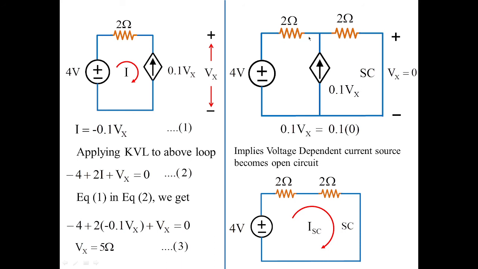Now this is removed and the rest of the circuit is like this. So the rest of the circuit makes the current flow in this closed loop, that is the short circuit current. By applying KVL, you can get minus 4 plus 4 I short circuit is equal to 0, or you can make I short circuit equal to 1 ampere. This is simple.